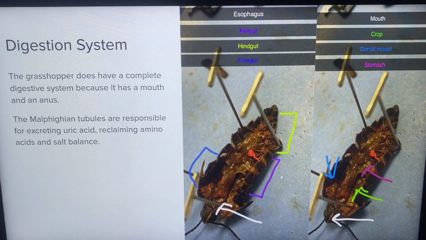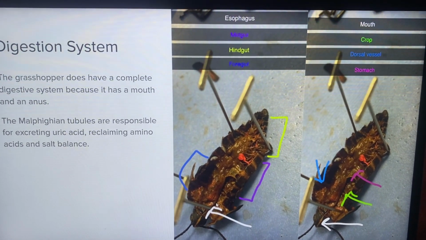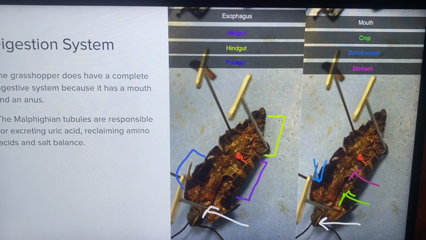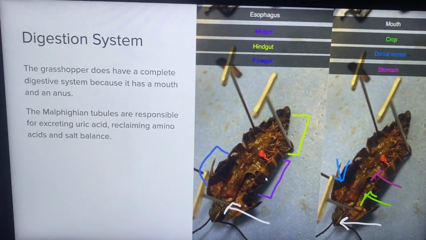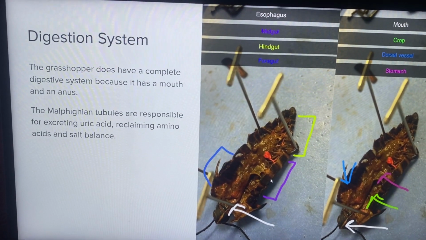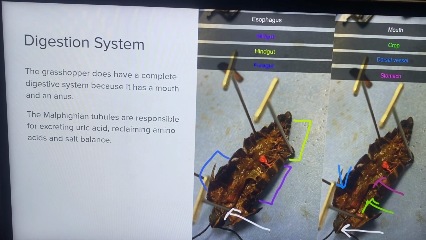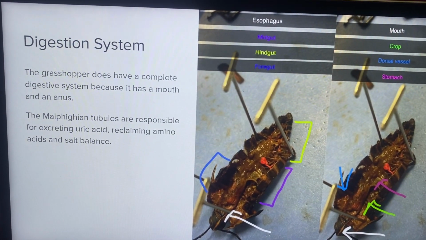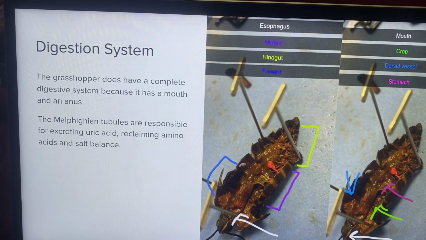And then over here we have the esophagus, which connects from the mouth to the crop. We then have the foregut, hindgut, and midgut. And then the malpighian tubes are responsible for excreting uric acid, reclaiming amino acids, and salt balance.